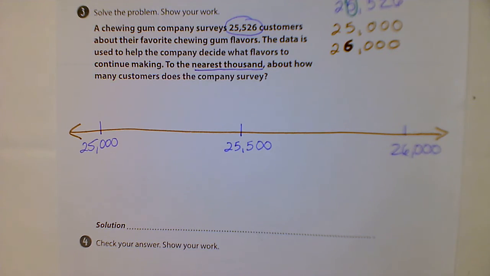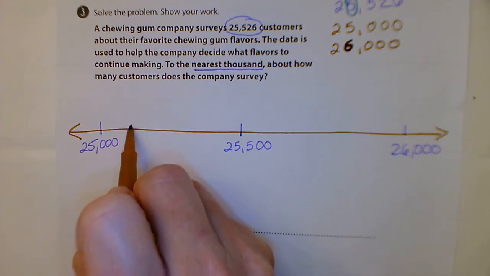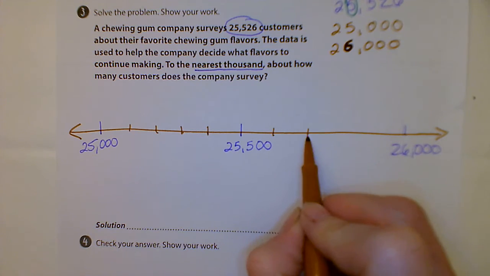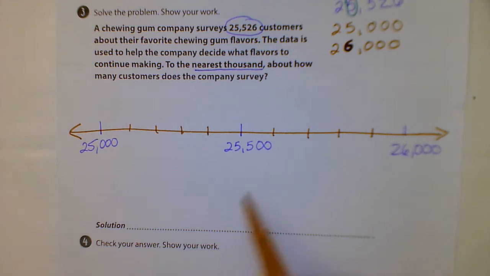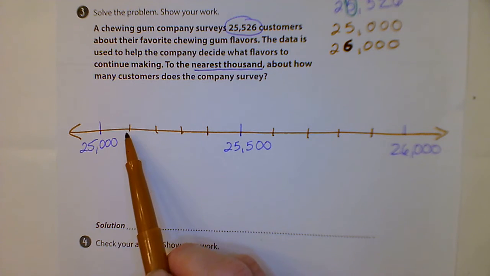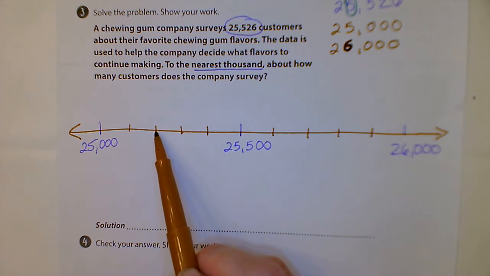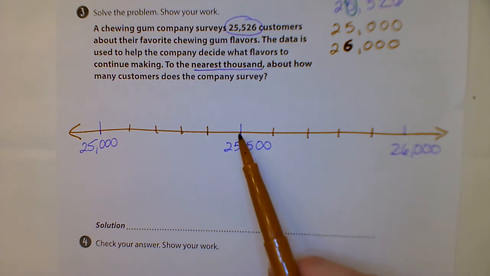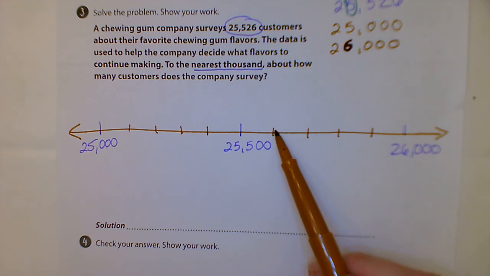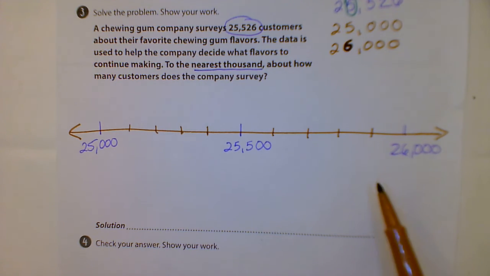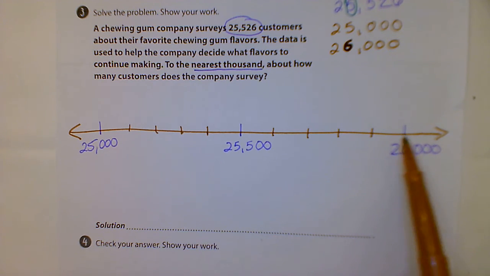So I'm going to do 1, 2, 3, 4. 1, 2, 3, 4. The reason for this is that we're going to have 25,100, 25,200, 25,300, 25,400, 25,500, 25,600, 25,700, 25,800, 25,900, 26,000.